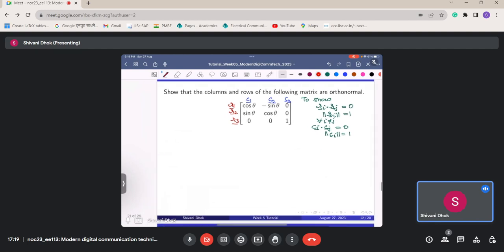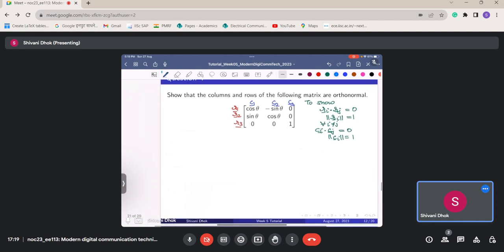So let us first consider R1 dot R2. What does R1 dot R2 mean? We need to do element by element multiplication, this into this plus this into this plus this into this.